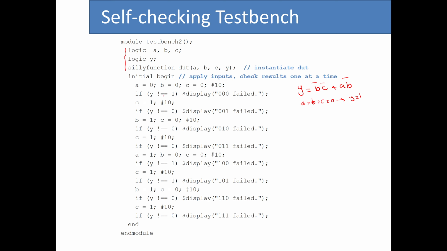If the value for y is not 1, we display that 0, 0, 0 has failed, so we display a message. Then we do the same for the next possible combination, and we check whether the output is correct or not. Remember, since we have the Boolean function, we can know what is the correct output.